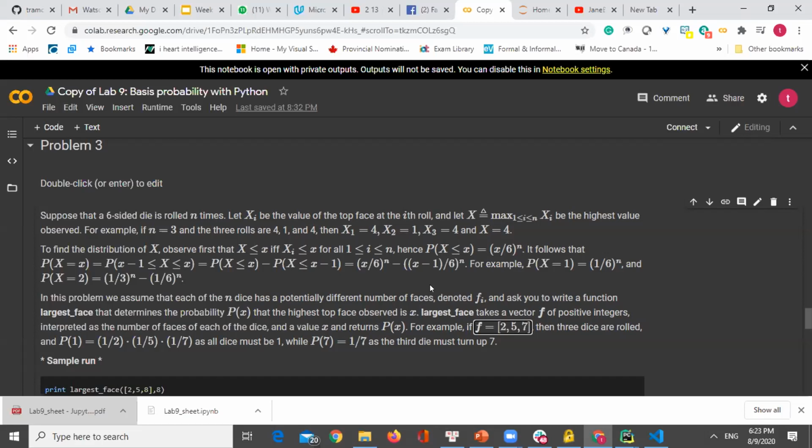Hang on, I'm lost. Let me reread it from here. Okay, if n equals 3 and the 3 rolls are 4, 1 and 4, then X. What? If n is 3, that means if I roll and my face is 3, or is it like there's 3 dice?